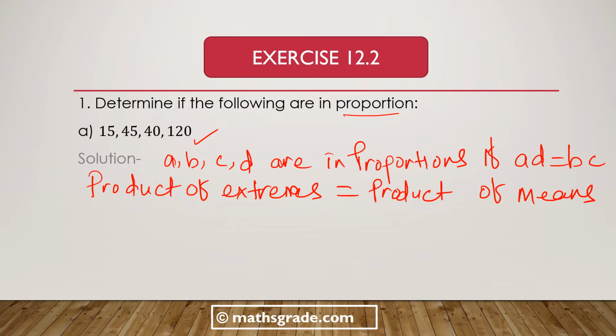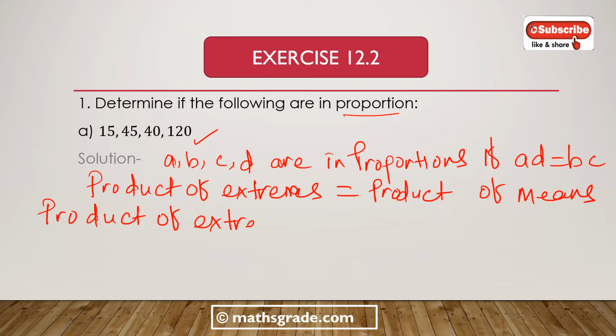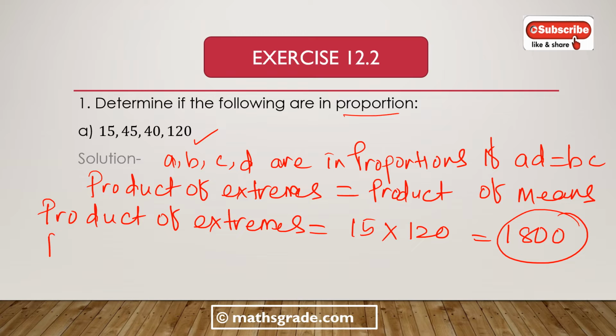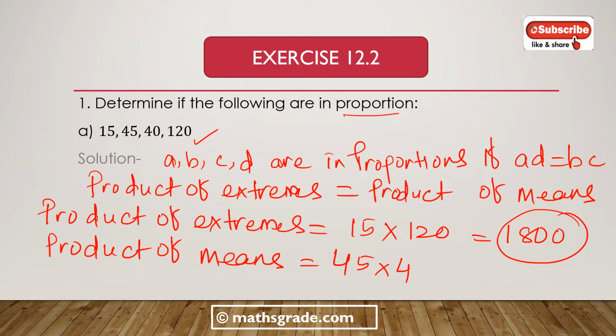Fifteen, 45, 40 and 120. That is product of extremes will be 15 multiplied by 120, that is 1800. And product of means will be 45 multiplied by 40, that is 1800.